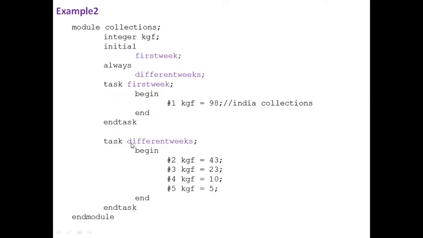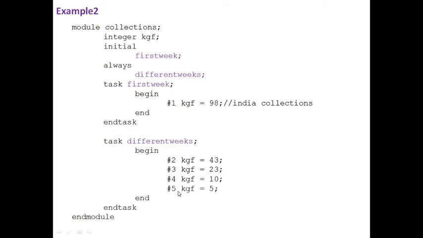Next, task different weeks, because different weeks is the task name. So let me complete the definition of my task here, begin end, because I have many statements. So after the end of the second week, what are the collections of the kgf movie? 43. And after the end of the third week, it is 23. And after the end of the fourth week, 10 crores.